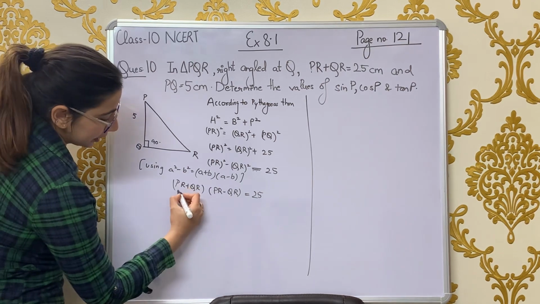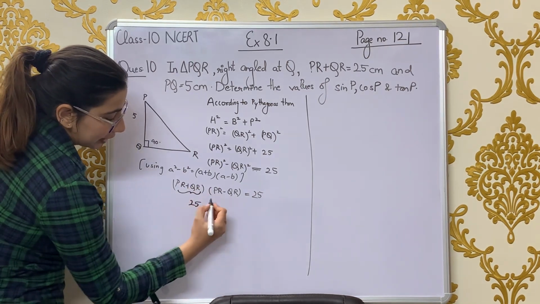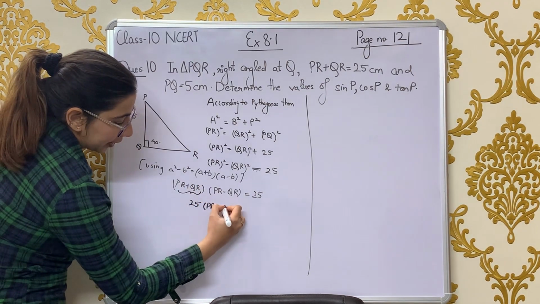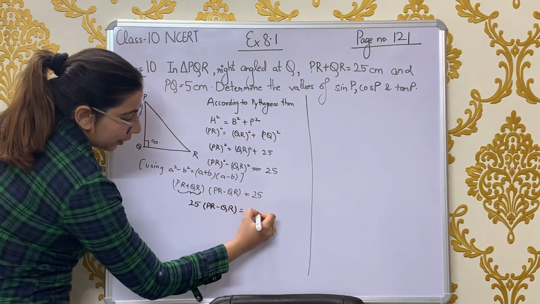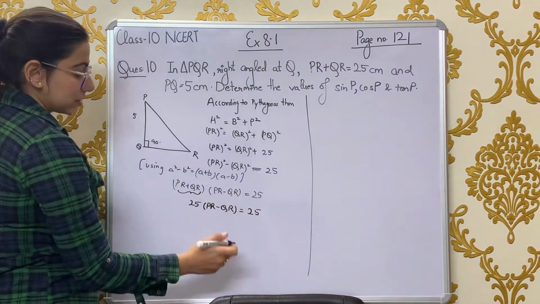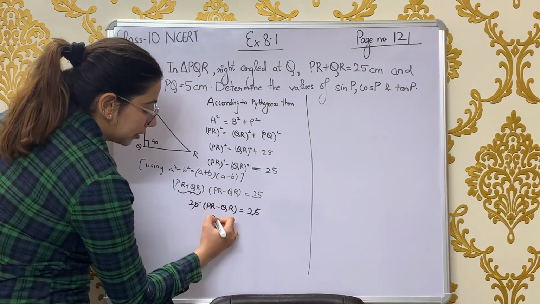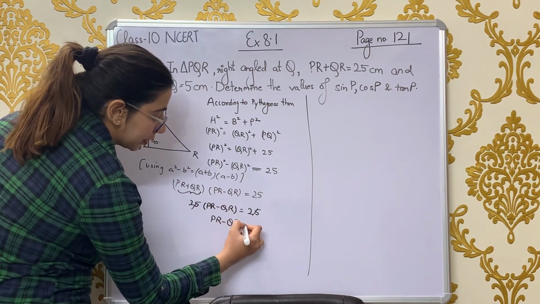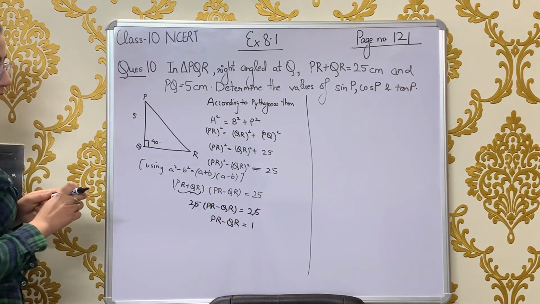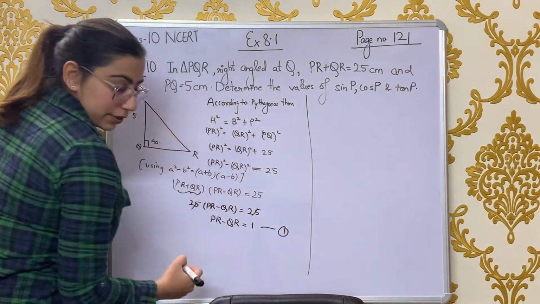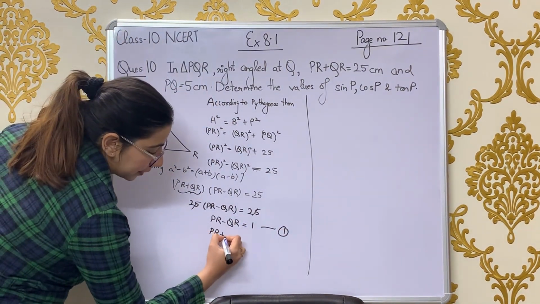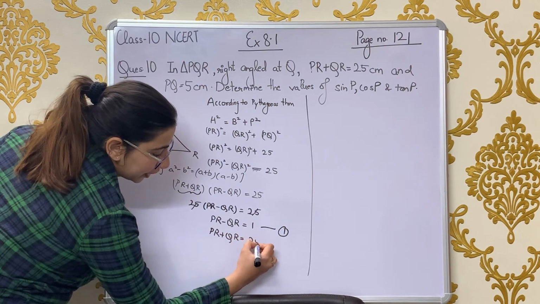So I can write this as 25 and this as it is, PR minus QR is equal to 25. So 25 gets cancelled on both sides and I get PR minus QR is equal to 1. Equation 1.